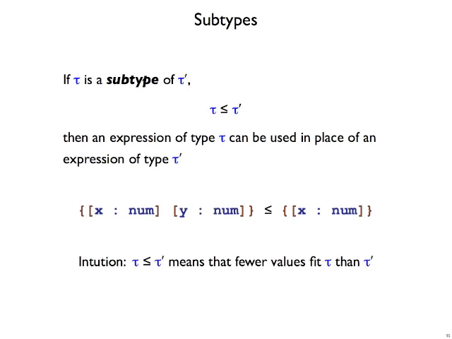And so the intuition behind this notion of subtyping is that if you have an instance of a subtype, that's more rare than the kind of type it can replace. Lots of records have at least an x, and some subset of them have both x and y in them. And that is why we use the less than. It's a kind of subset operation if you use that intuition.